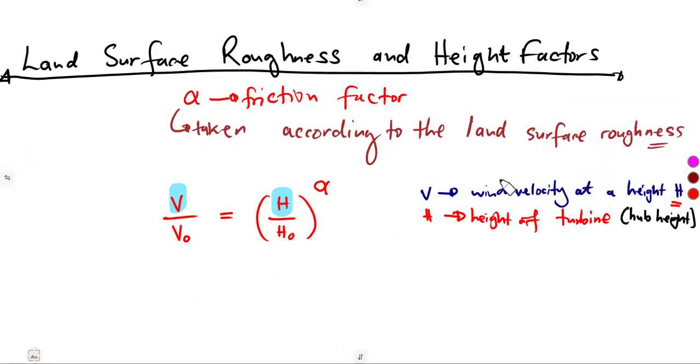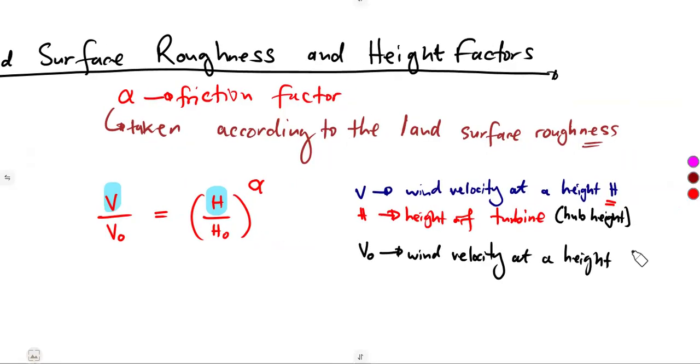It is simply the height at ground level. So V naught goes hand in hand with H naught. This is the wind velocity at a height which is referred to as H naught.